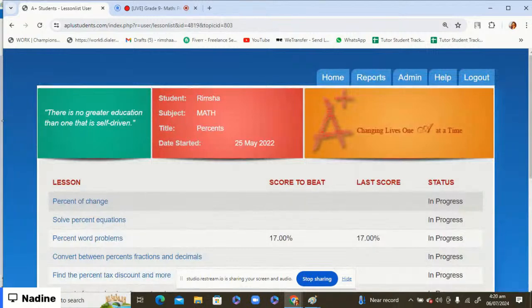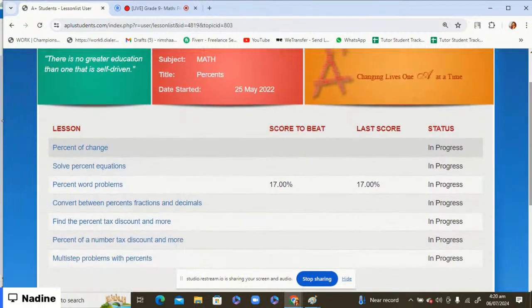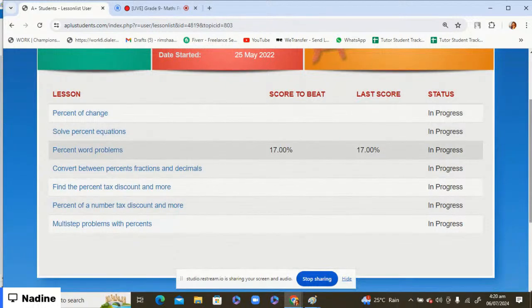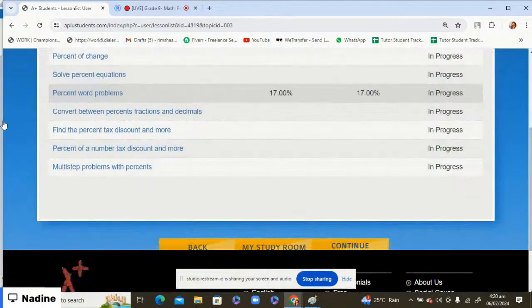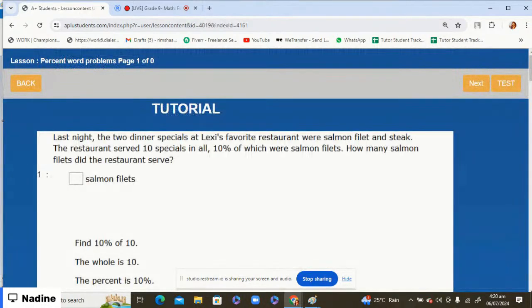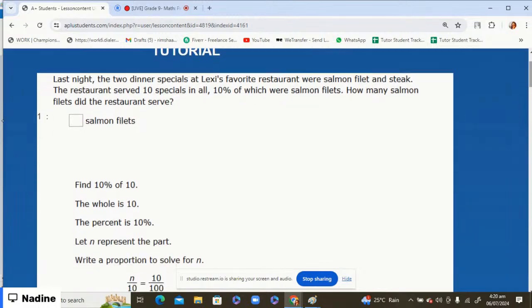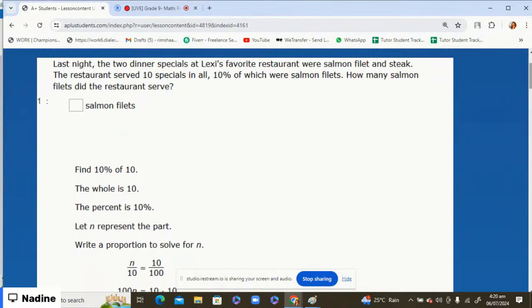Now let's do the third lesson, percent word problems. So here are percent word problems. Last night the two dinner specials at Lexi's favorite restaurant were salmon fillet and steak.